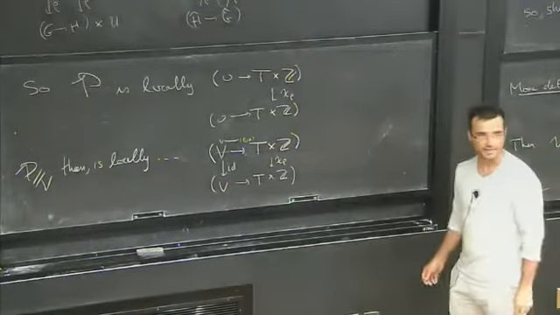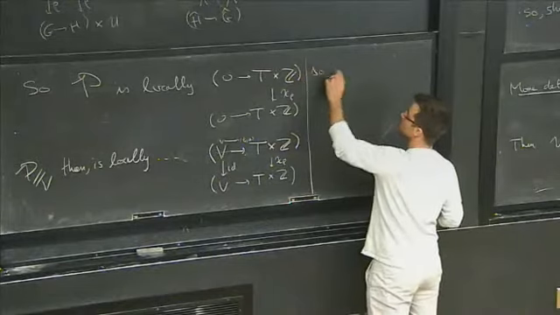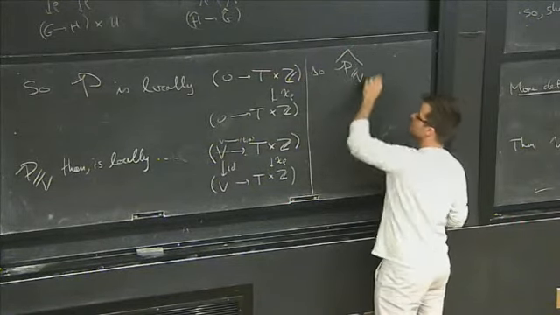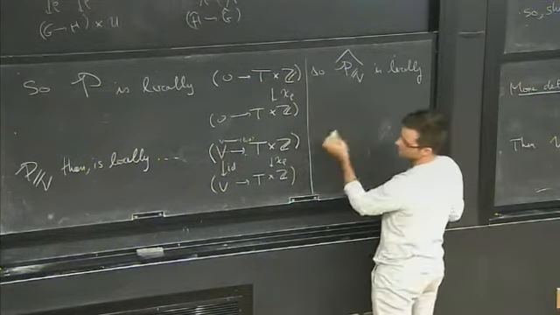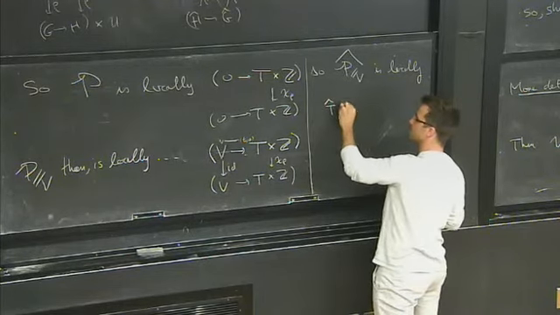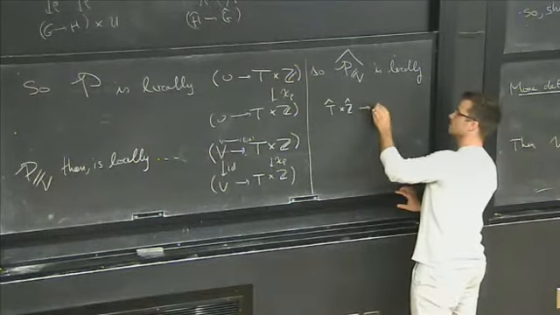And then the Pontryagin dual, so P modulo V hat is locally of the form, well, T hat cross Z hat. I'm just taking the Pontryagin dual of that, going to V hat.